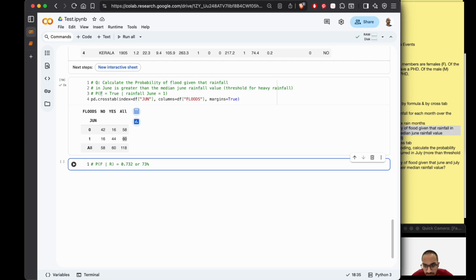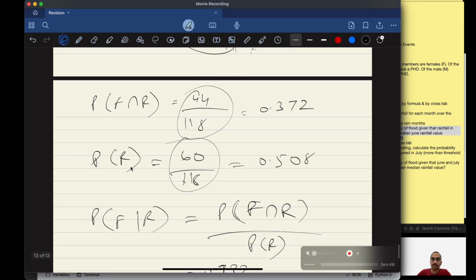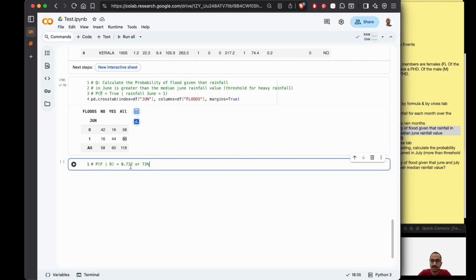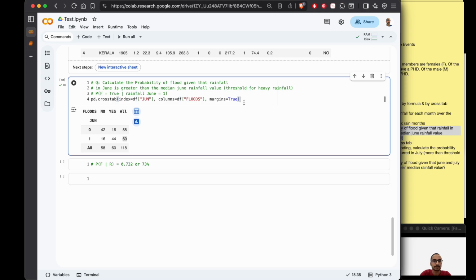Now there is another way of doing it, because right now if you see here, we computed the probabilities, right? There is another way in Crosstab itself which will automatically compute the probabilities and give us a nice contingency table. So for that we just have to set the normalize keyword.